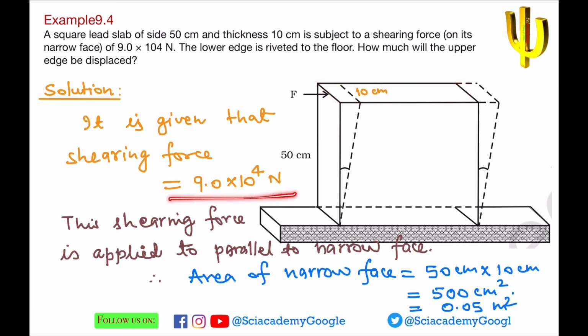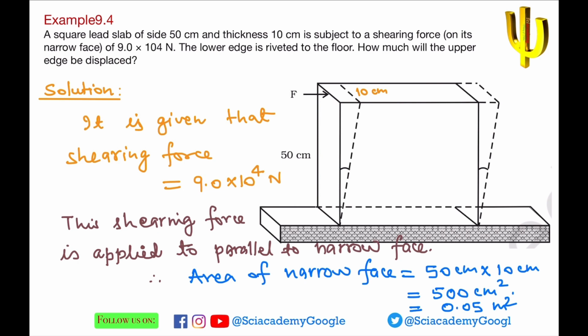So the shearing force is 9 into 10 to the power 4 Newton, and it is applied to the narrow face. The area of this narrow face: this is 50 centimeter, because this is a square slab, so all sides are equal, that is 50 centimeters.